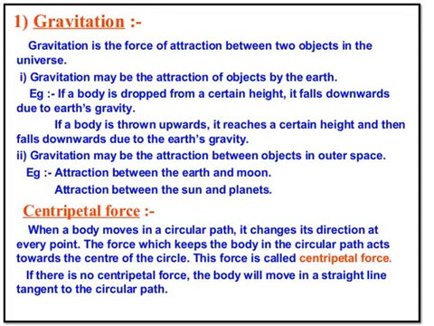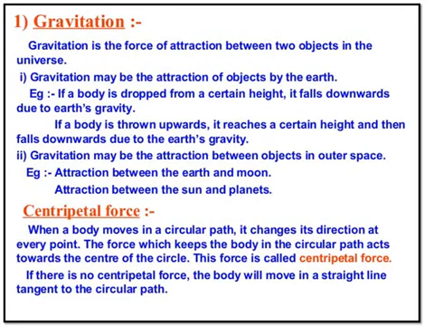For example, if a body is dropped from a certain height, it falls downwards due to Earth's gravity. Similarly, if a body is thrown upward, it reaches a certain height and then it falls downwards due to the Earth's gravity. Gravitation may be attraction between the objects in the outer space, attraction between the Earth and the Moon, or attraction between the Sun and the planets.